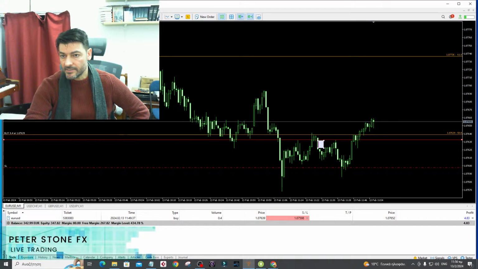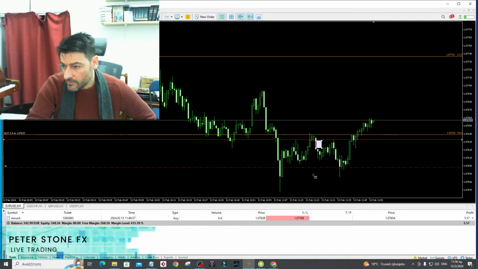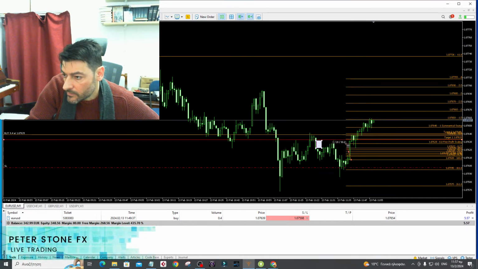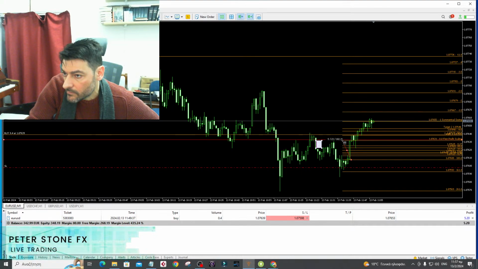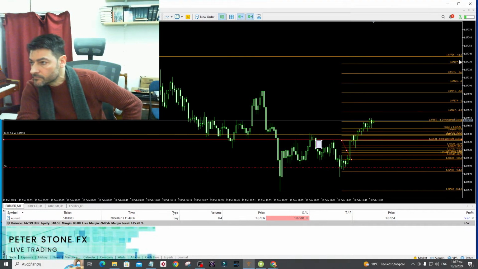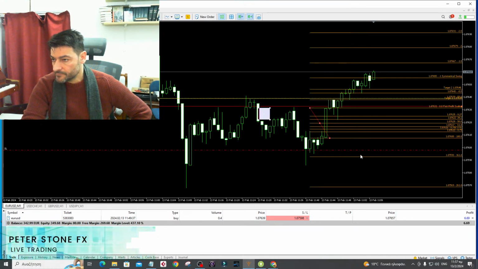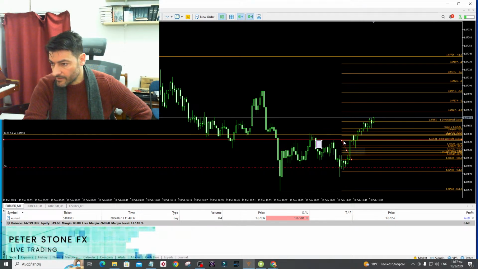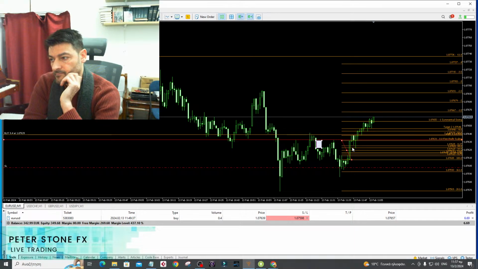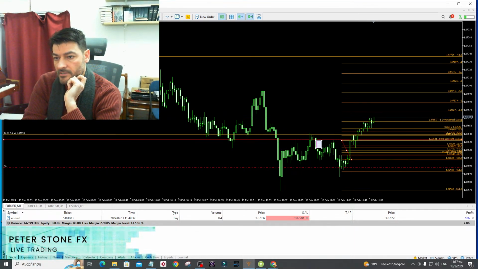So how high? Let's see how high with the Fibonacci. Boom. So it could go up until the 61%. Measuring this candle that made the movement, this is a very good level.